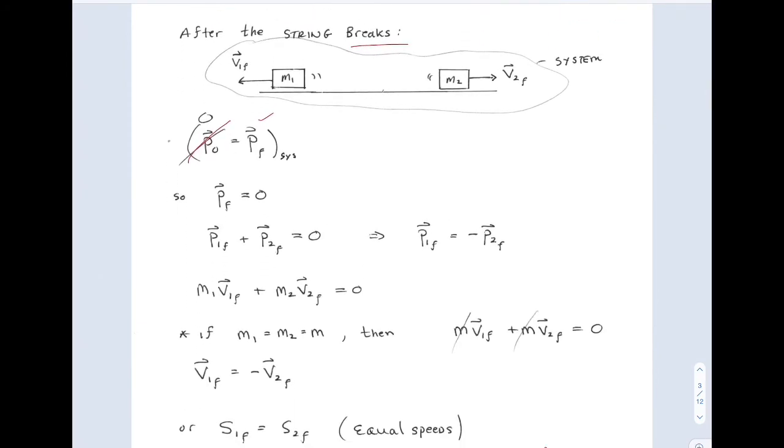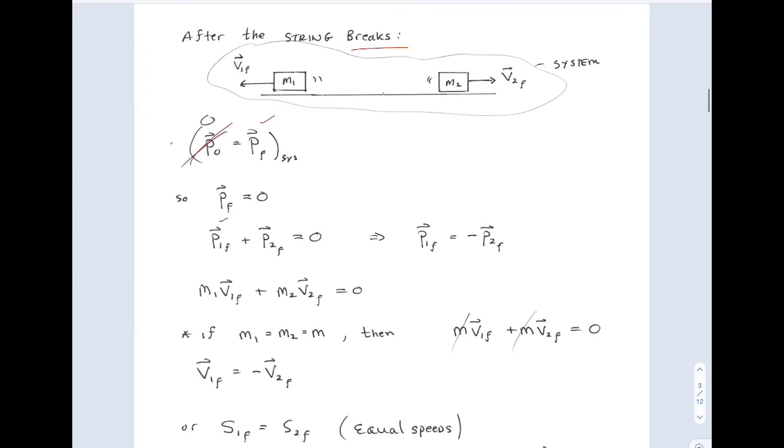So I wrote my final momentum as P1 final plus P2 final, because there are two objects, and that equals 0. I brought this one over, and that says P1 final is equal to minus P2 final. So the final momentums are equal and opposite.